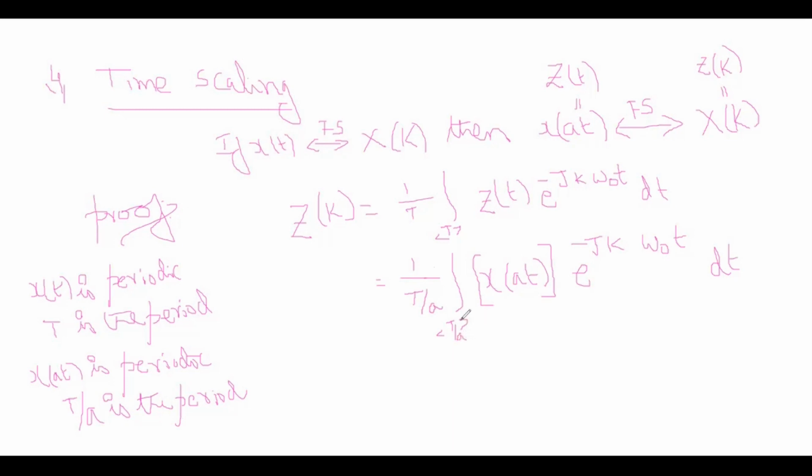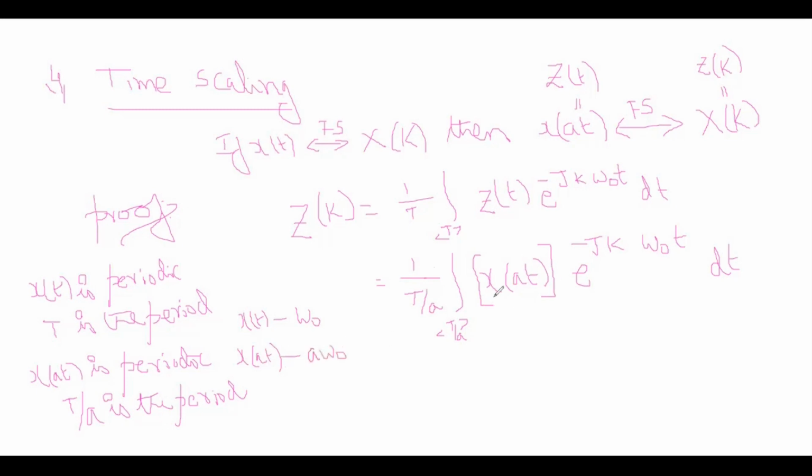Because it is minus T by a. And what is the frequency? For x of t, the frequency is omega naught. For x of at, the frequency is a into omega naught.